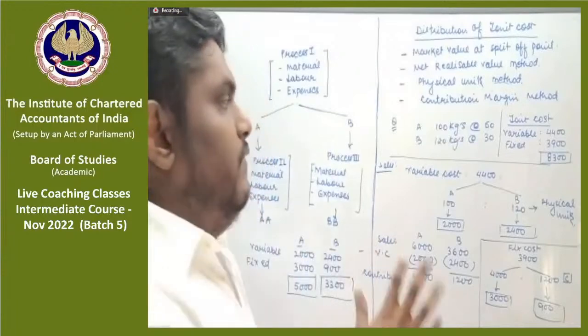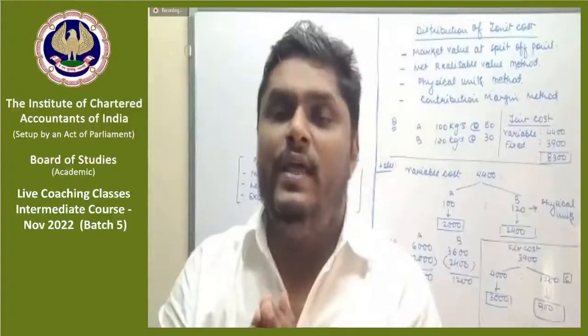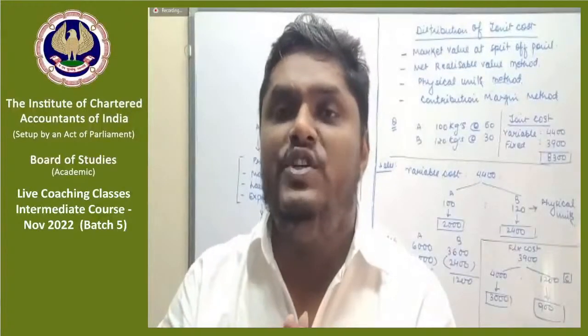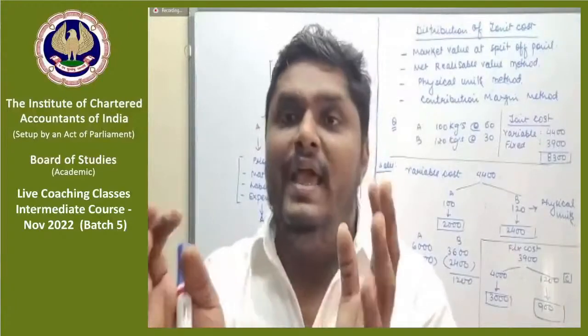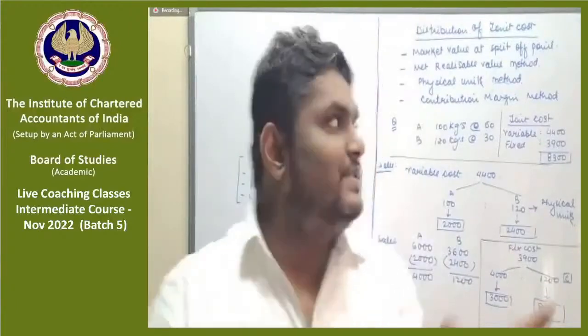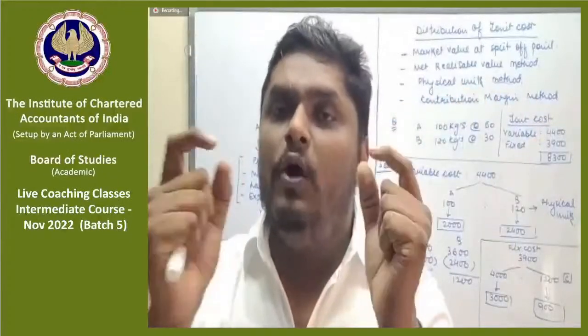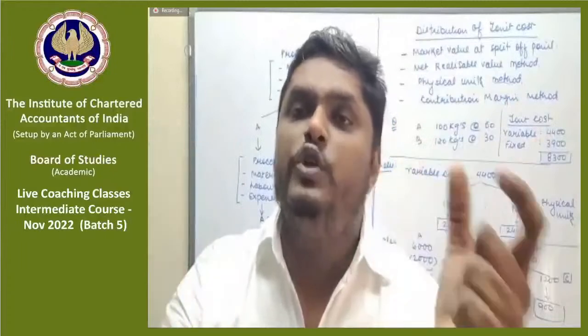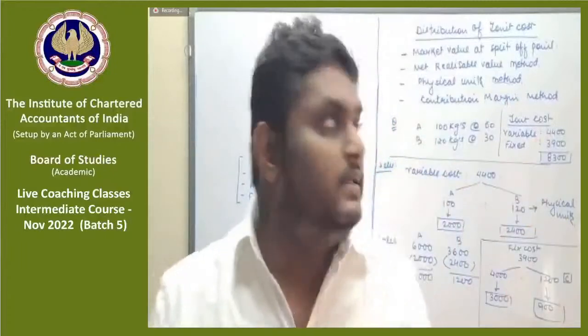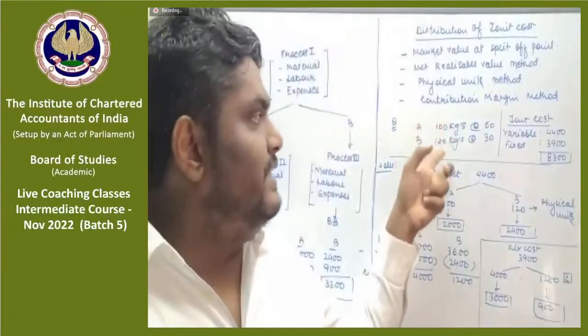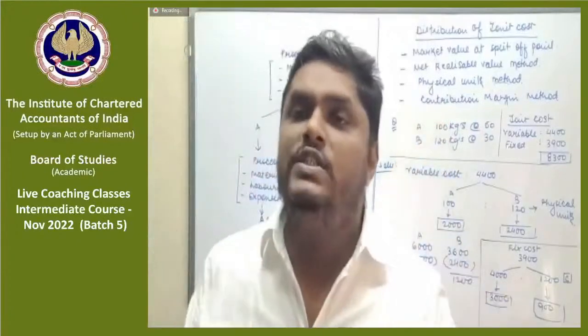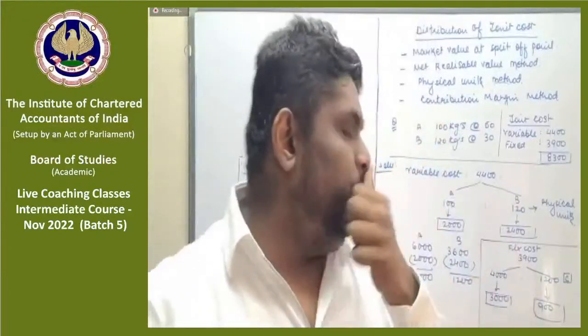Surya A, I repeat again, when some information is given in the question as regards variable cost or fixed cost, then contribution margin method is to be used. When talking about variable cost, it will be apportioned in the ratio of physical units. So the units are 100:120, so it will be distributed in the ratio of 100:120.